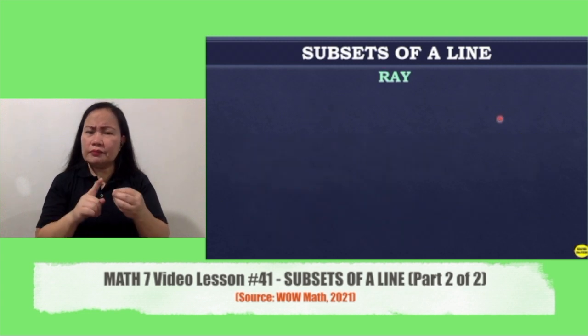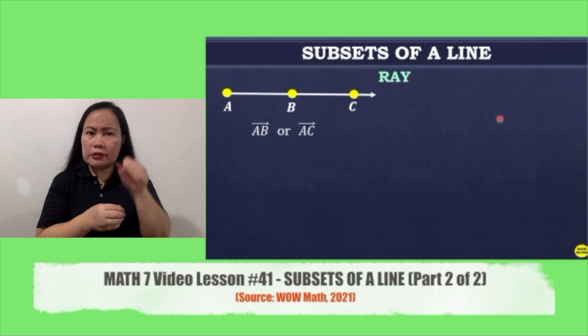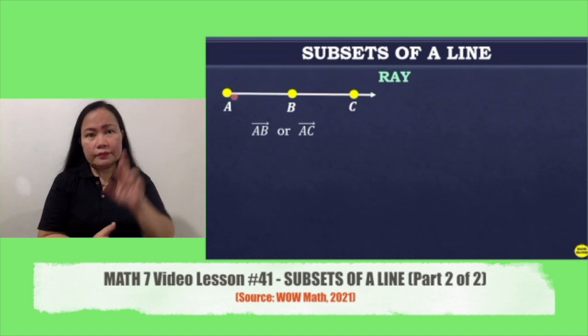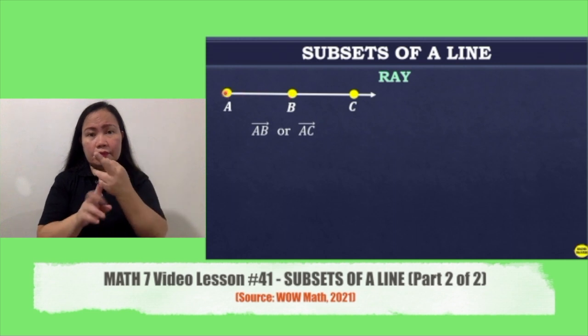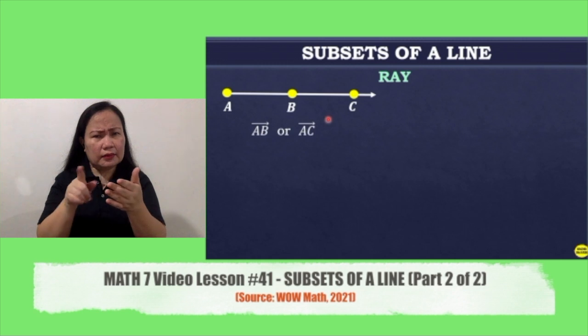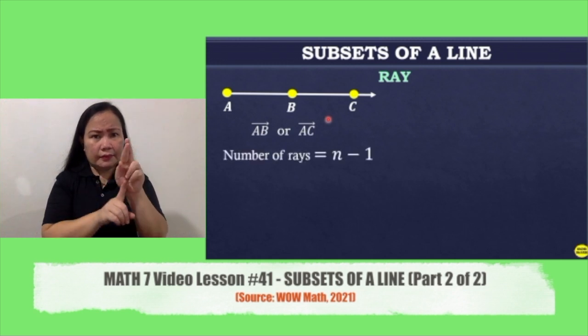Okay. Paano natin malalaman yung bilang ng rays na nasa ray natin? Okay. So, halimbawa ito. 'Di ba? Ito ay ray AB, ray AC. Okay. So, paano mo ma-check na tama ba yung nilista ko? Tama ba yung bilang? So, you can make use of this formula.